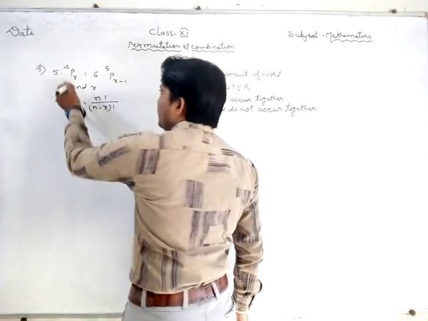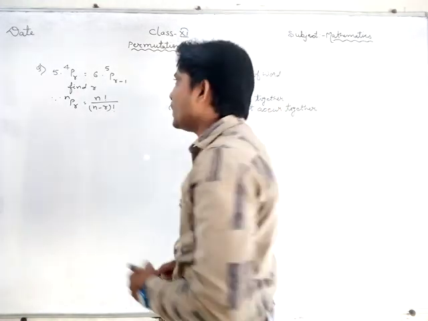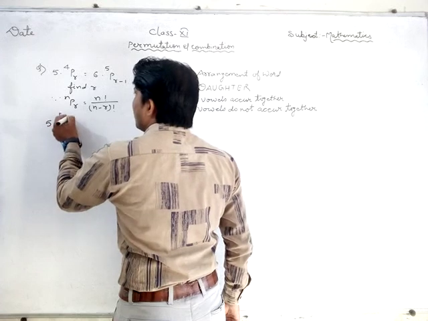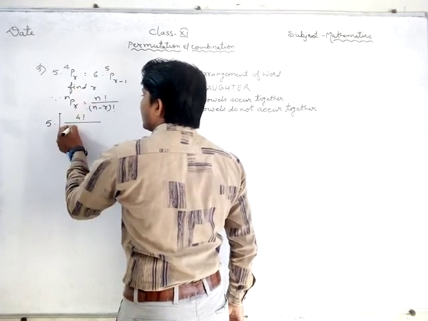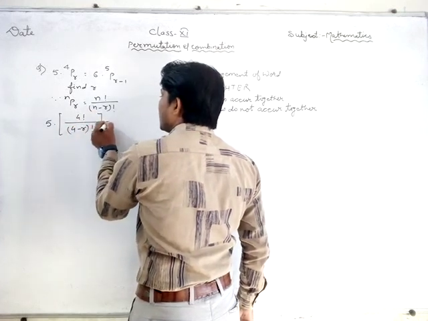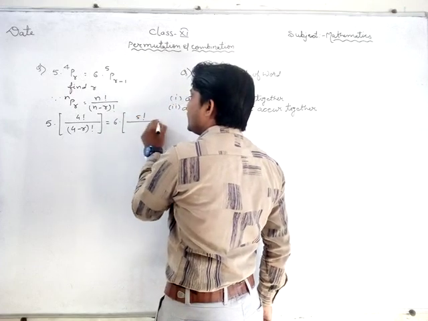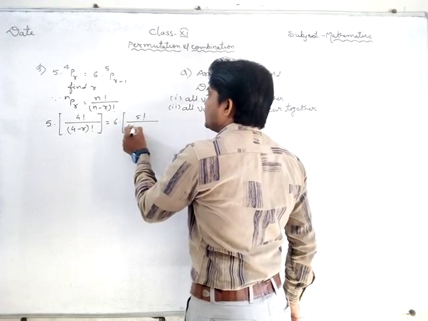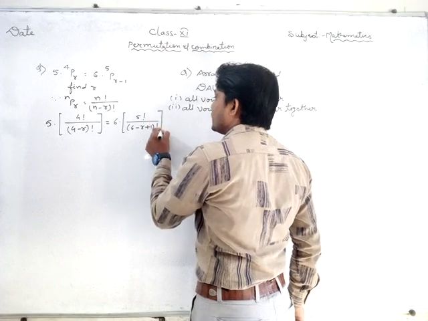So we open the steps using this formula: 5 into 4 factorial divided by (4 minus r) factorial, and similarly 6 into 5 factorial divided by (6 minus r plus 1) factorial.